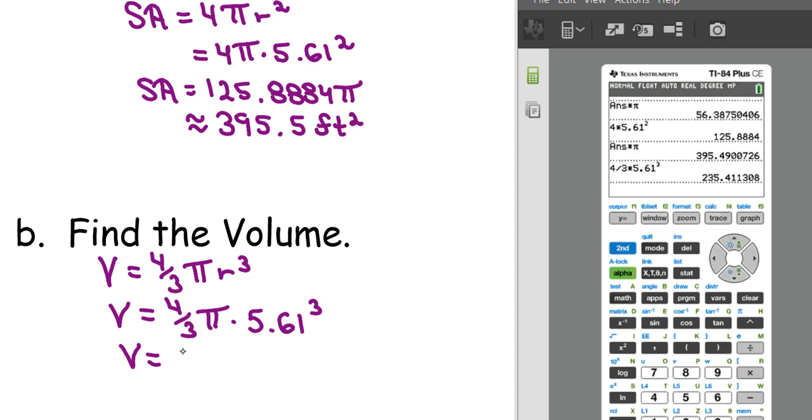and we get 235. Now it's going out to 6 decimal places, so I actually think it may not have been rounded, so let's just keep it as it is, 235.411308 pi.